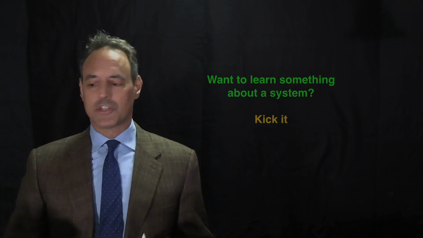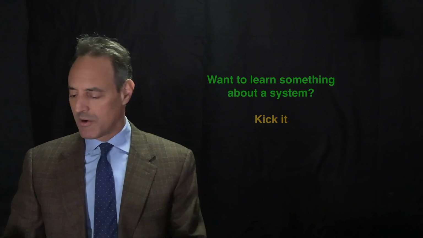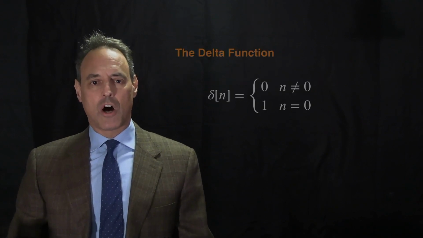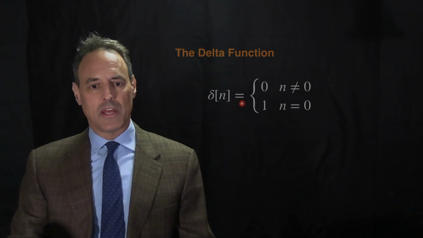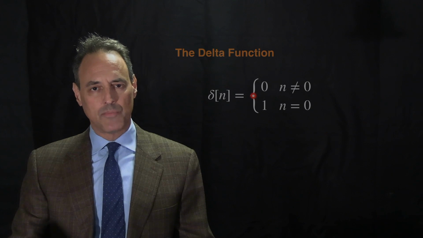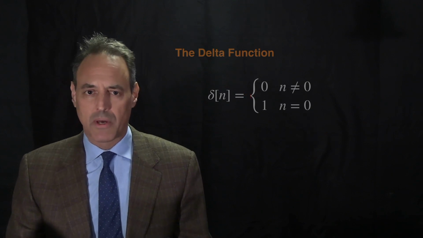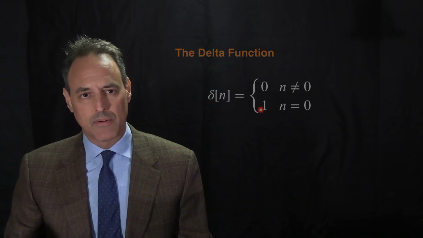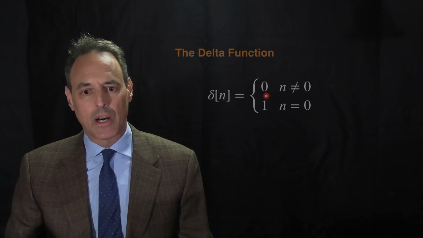Okay, so let's get to this, and let's start considering this system. So we want to start thinking of this object called the delta function. Here it is, delta of n. So this is in a discrete time system, and you see this comes up in many places in mathematics and engineering. What it is, is a function that has the following definition in discrete time: it's zero everywhere until the argument in here is 0.